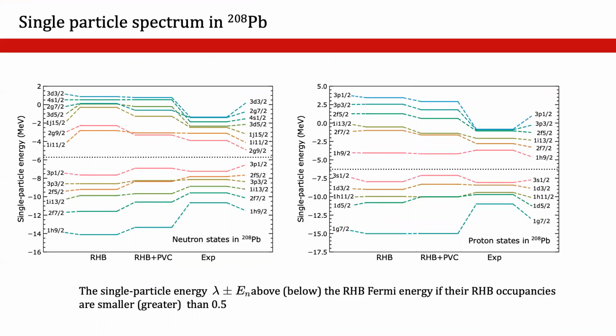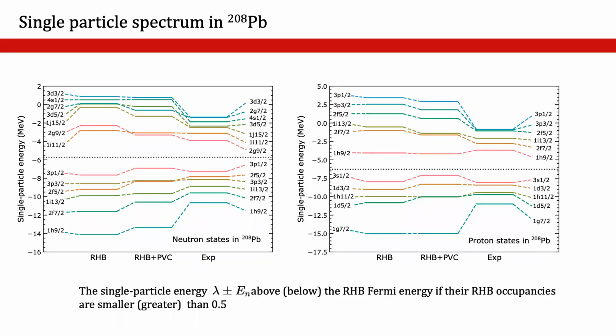Okay, then I can show the result. First, we show the benchmarks for the spherical case. To benchmark, we show the dominant states for neutrons and protons in lead-208, which is a perfect benchmark case for spherical nuclei.